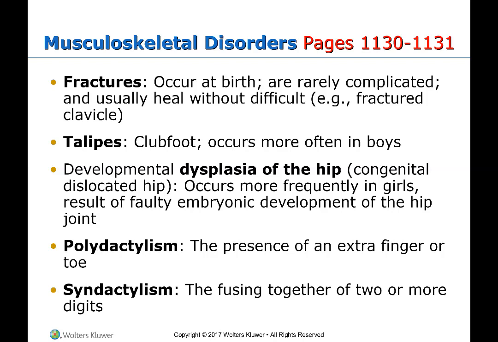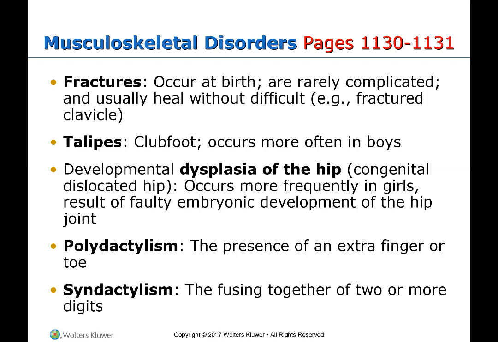Next one we have is dysplasia of the hip. So what does it say there? Congenital, meaning they're born this way, dislocated hip. So you've already had your A&P, thinking about where the femur is attached to the body. They're saying this one is more frequent in girls. So what? Faulty embryonic development of the hip joint.